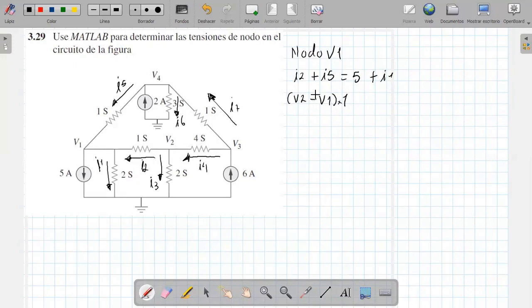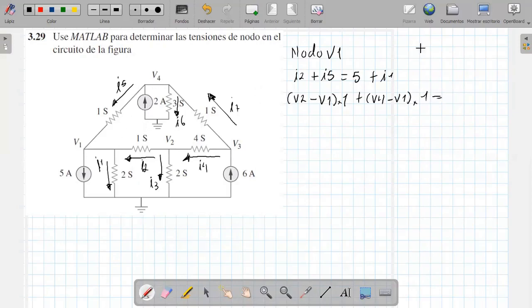The current 5 is found by multiplying the voltage V4 minus V1 by this conductance, and current 2.